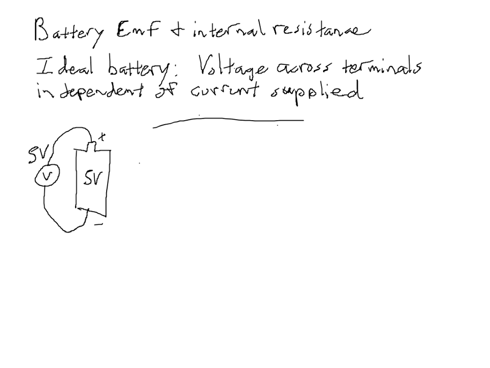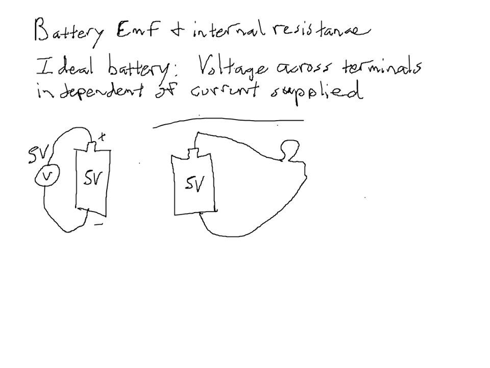Okay. Now, what if we connected something to the battery? Perhaps a light bulb. So it's still a 5-volt battery, but this time we're going to connect it to a light bulb.